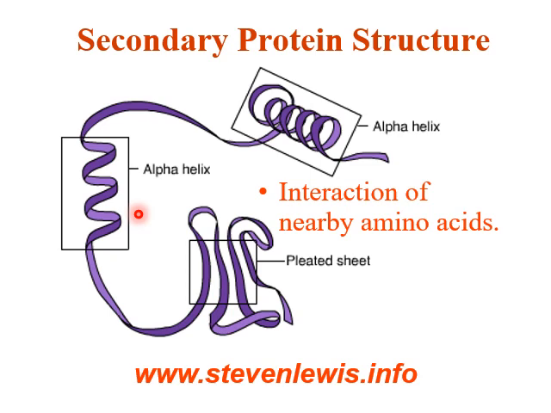In some proteins, the polypeptide chain may fold back on itself to form sheets called pleated sheets, like you see here. This would also be considered a secondary structure. It's as if you took a chain of beads and folded it back on itself to form a sheet. The secondary structures of proteins are due to the interaction of nearby amino acids.